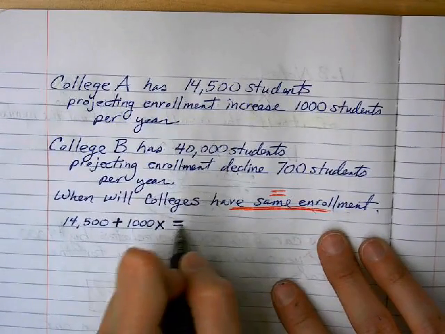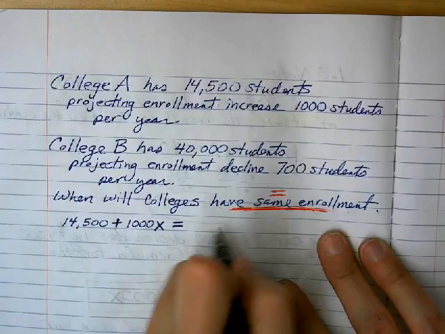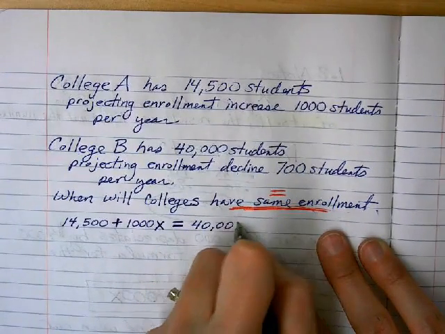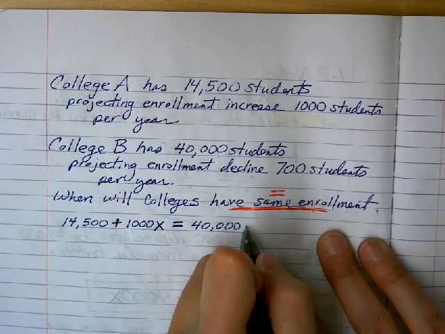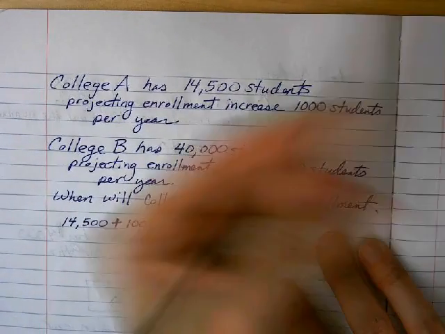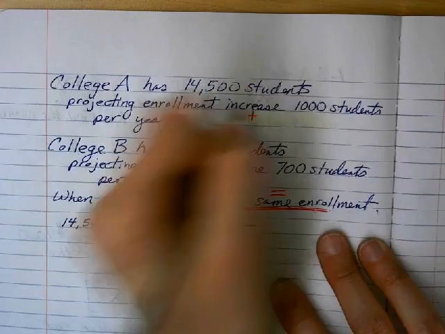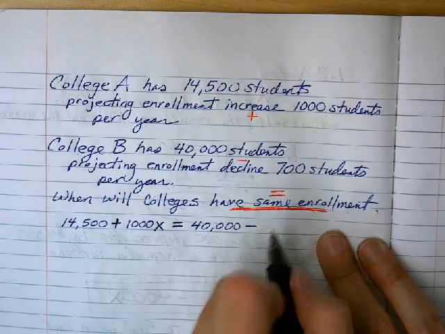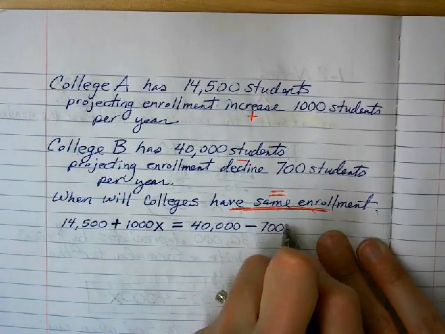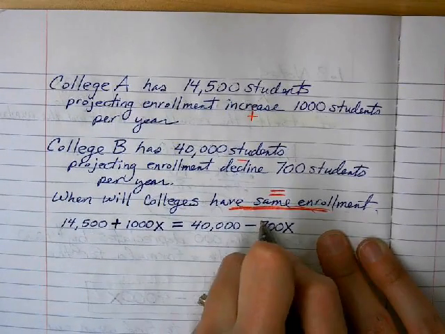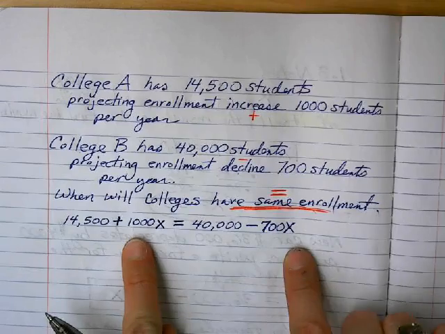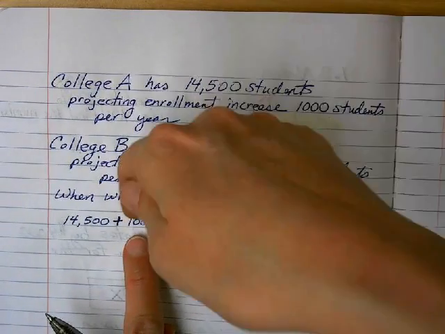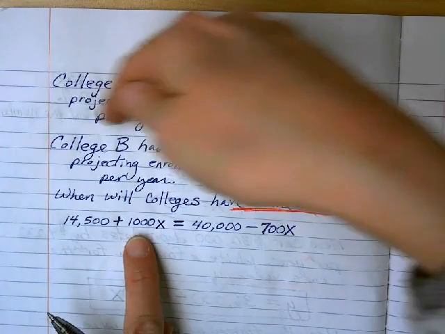The other college right now has 40,000 students, but they think theirs is going to decline. So read carefully when you read these. Increase is plus, declines minus, so 40,000 minus 700x. And you need the variable because it's 700 students per year it goes down, and 1,000 per year. The per year part is times however many years. You need a variable.